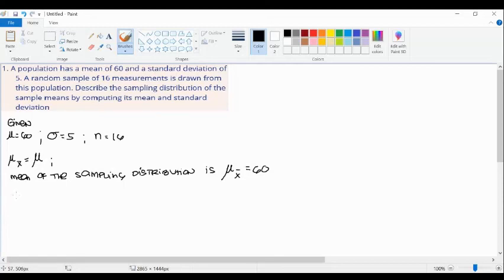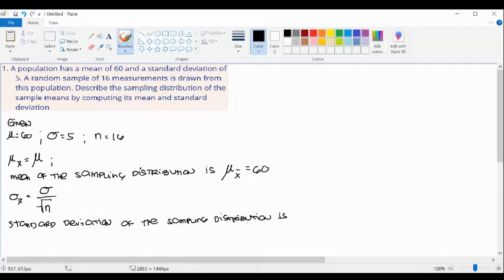Okay? Next, we're going to find the standard deviation of the sampling distribution by using the property that sigma, the standard deviation of the sample mean, is equal to the standard deviation over the square root of the sample size. Let's substitute.